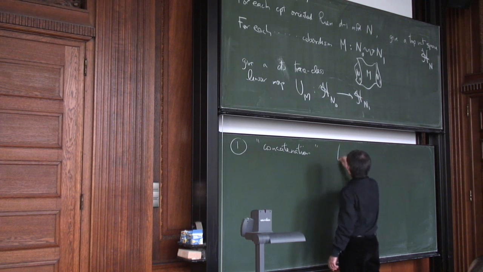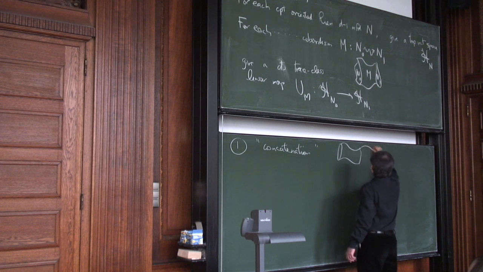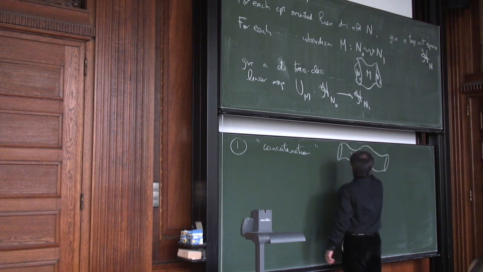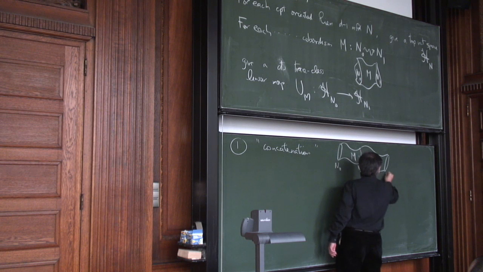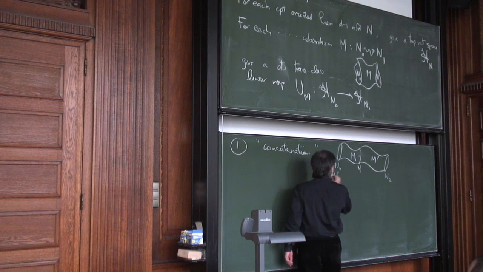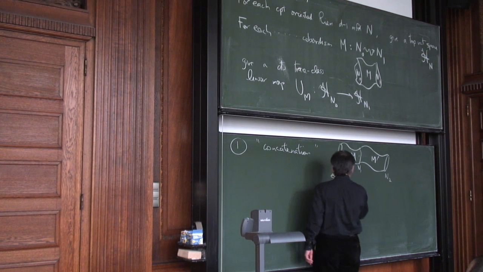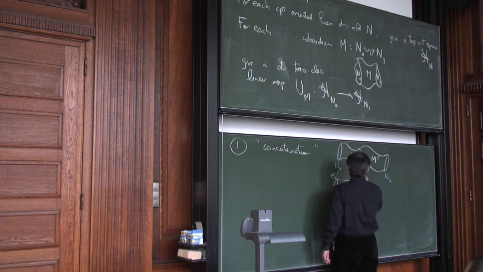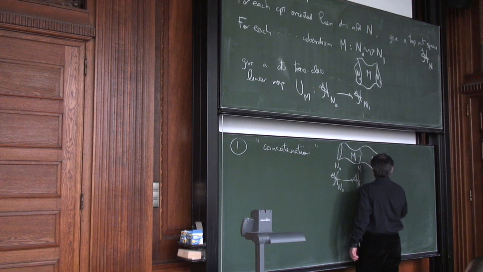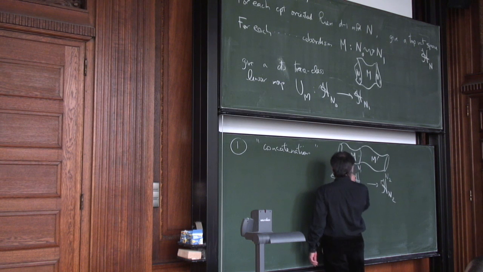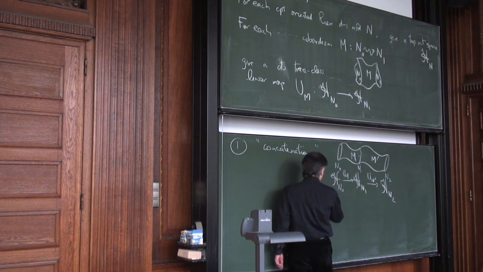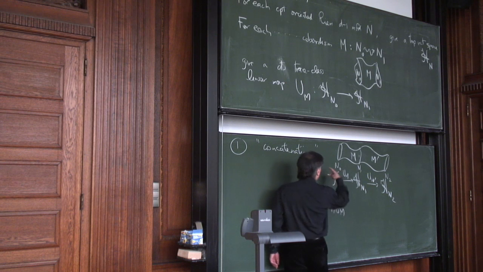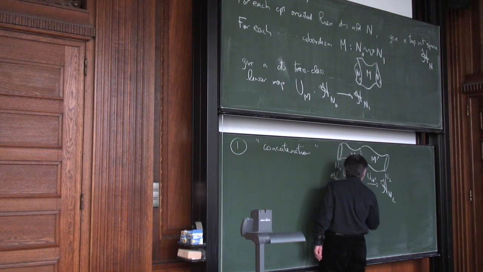Which is just that if you string together two cobordisms, M and M prime, then we get a composite, and the property we want is that if we put the two together into a single cobordism, then the map is the composite.